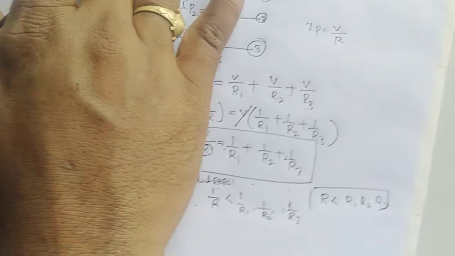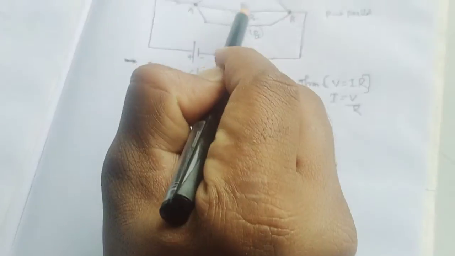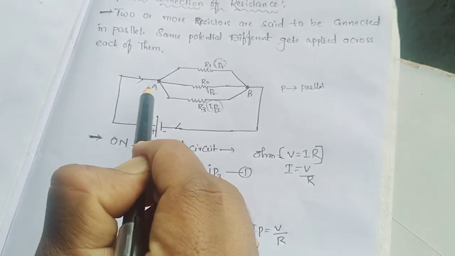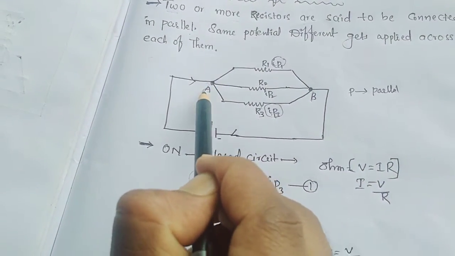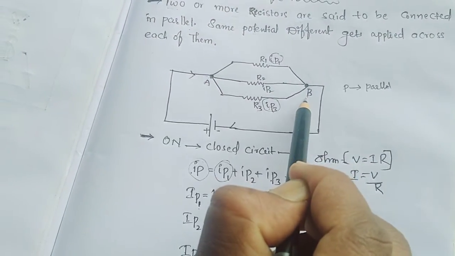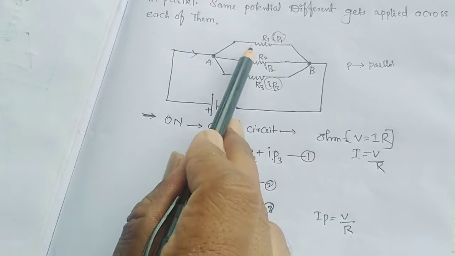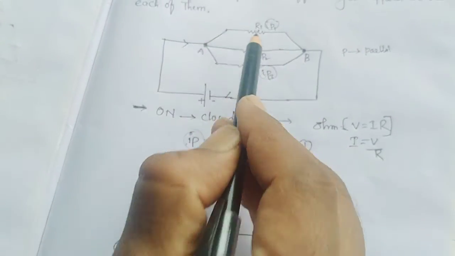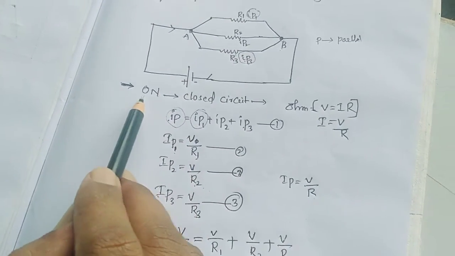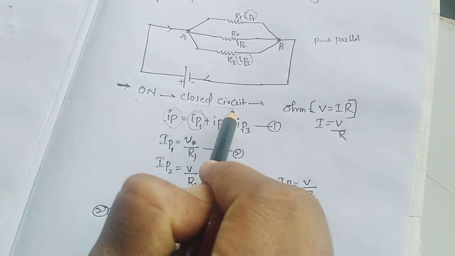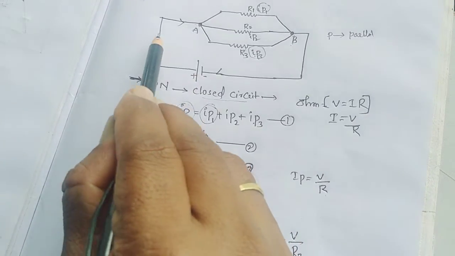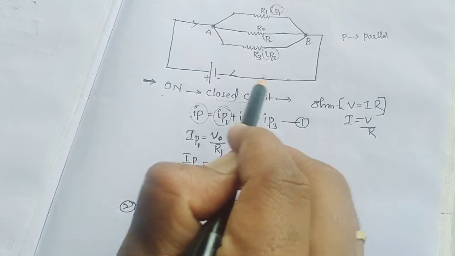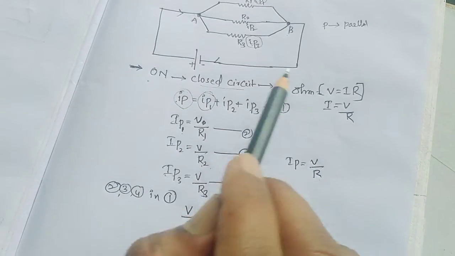See this. Two or more resistors are said to be in parallel connection with the same potential, meaning A and B potential difference across each resistor, with ends at terminal A and terminal B. As you know, when the switch is on, that is a closed circuit. The current passes in this direction via the R1, R2, R3 resistors.